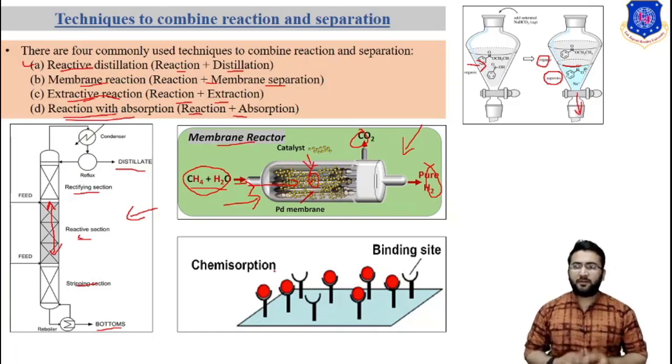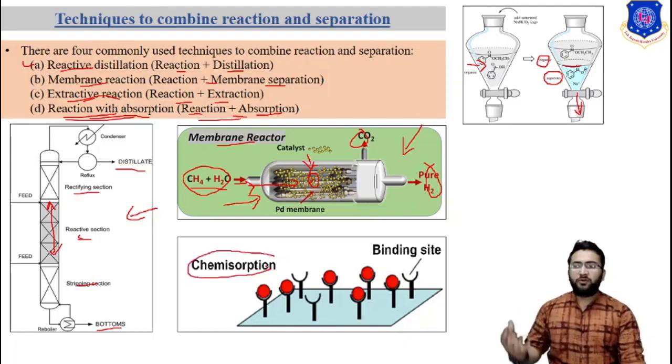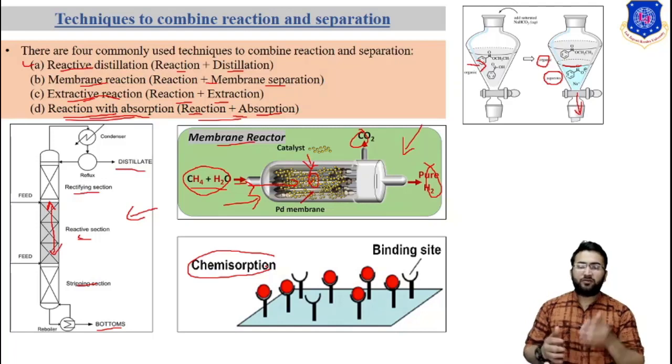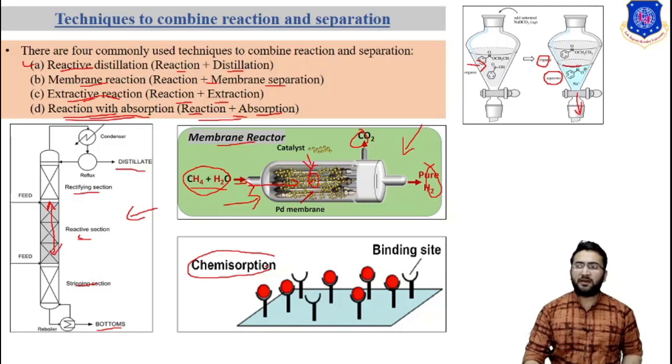So let's discuss the fourth method, reaction with absorption, in which reaction and absorption occur in one vessel, with the reaction due to chemisorption on the absorption material. The reactant reacts with the absorption material and binds with it, and we can get separation of the particular component. So this is how reaction with absorption occurs.